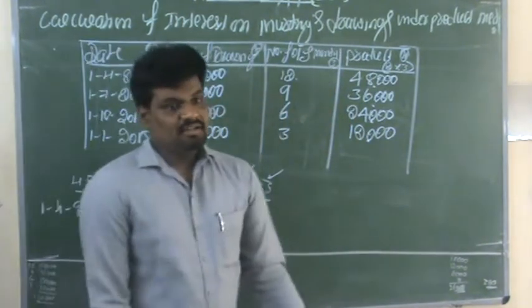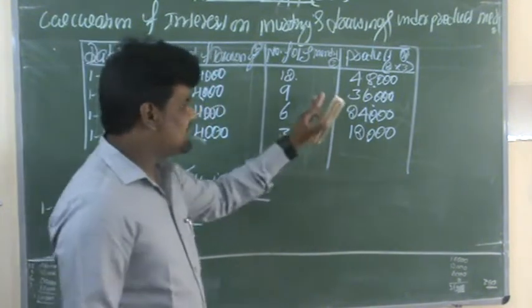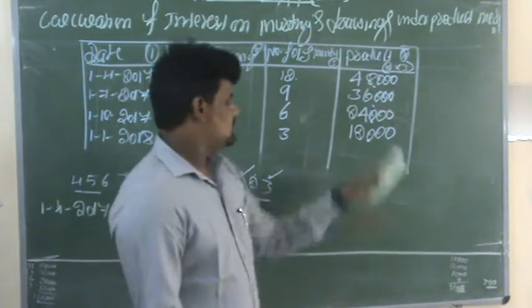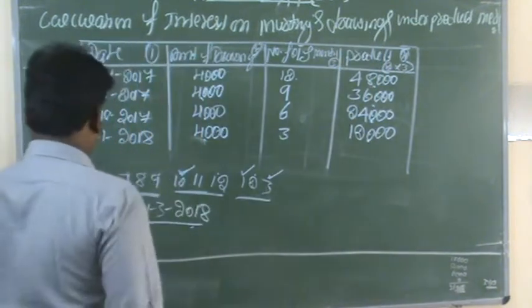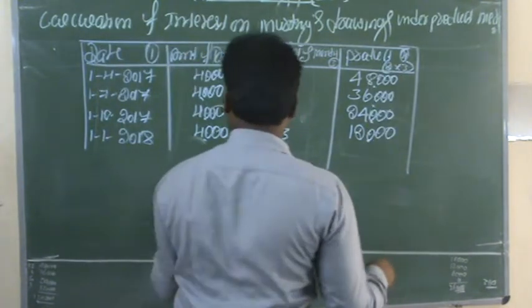So this is the calculation. For the calculation of this table, what we need to ascertain is the total product. So now we have to make it total.